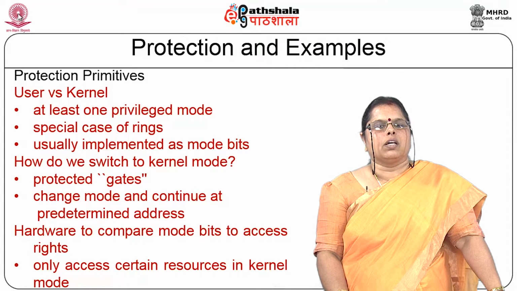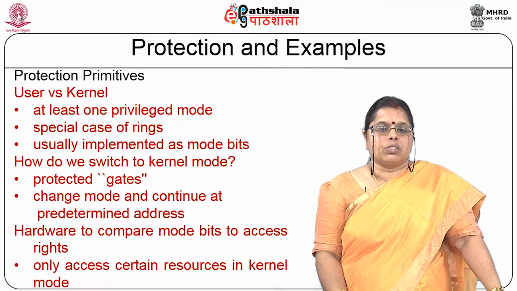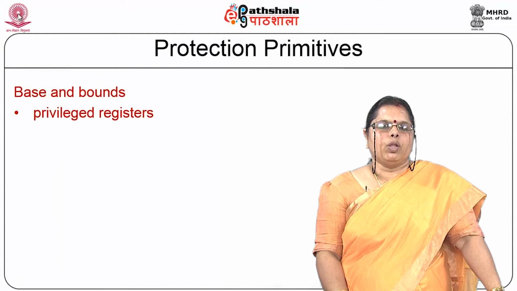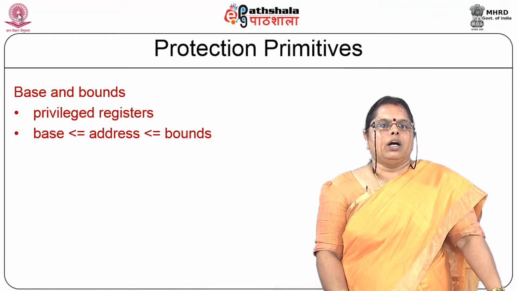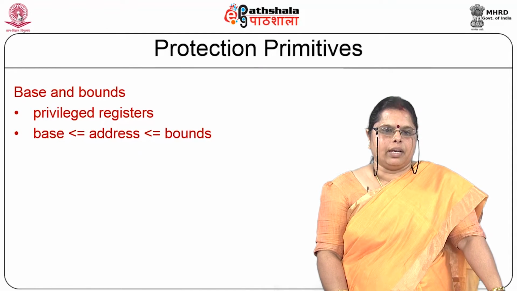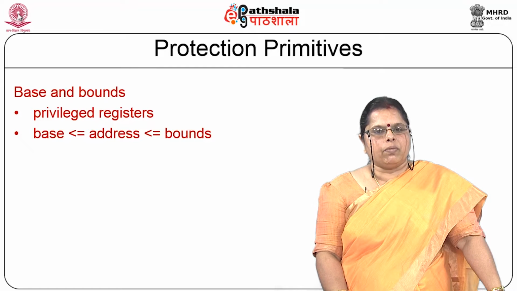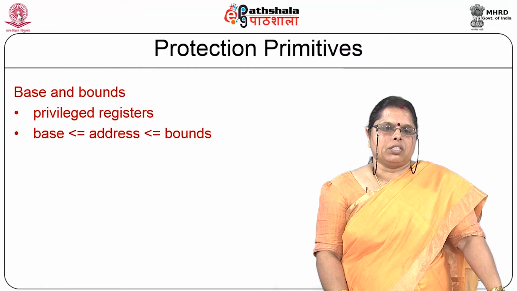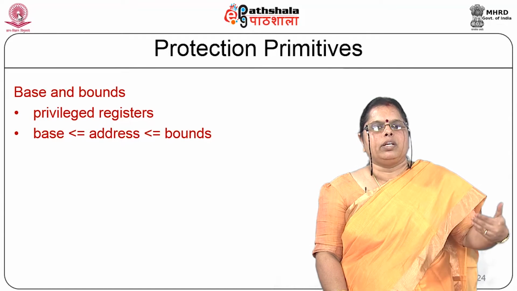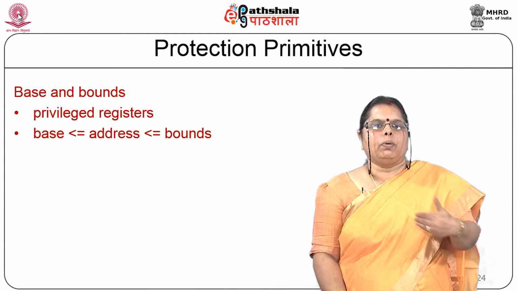Access rights to certain resources are given only in the kernel mode. Another type of protection primitive is base and bounds checking. When an address is generated, apart from having privileged registers which I already mentioned, the address is also checked to find out whether it is within the bounds of your permissible limits.